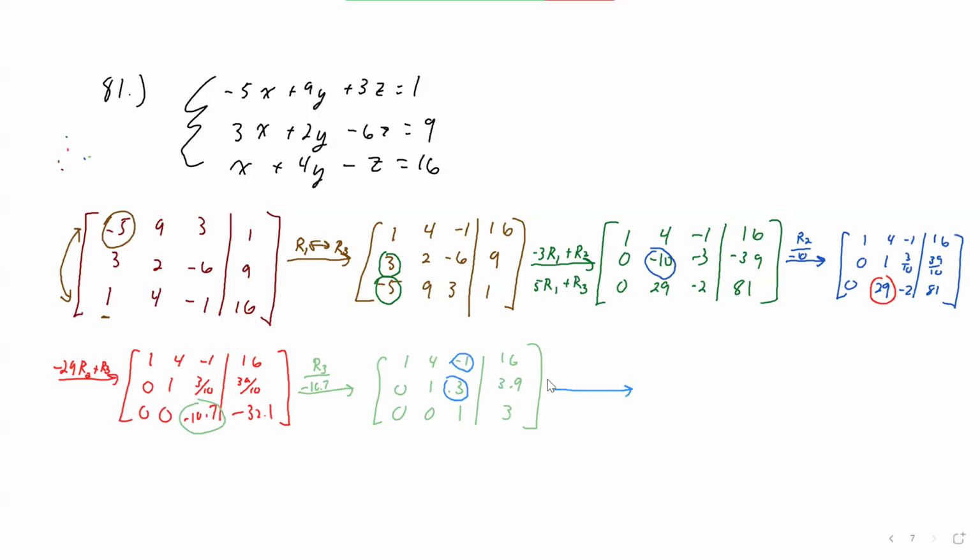But here we go. I'm going to use row 3, and I'm going to multiply it by the opposite of these numbers. So negative 0.3 times row 3 plus row 2. And then I'm just going to do row 3 plus row 1. And that'll be the new row 1.